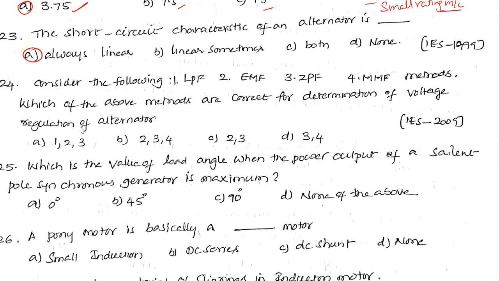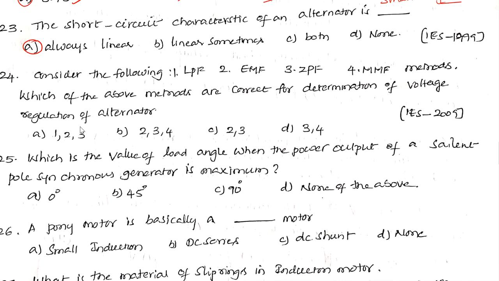Next one, consider the following: LPF, EMF, ZPF, MMF methods. If you studied synchronous machines, these are the voltage regulation methods. Which of the above methods are correct for determination of voltage regulation of an alternator? Okay, so LPF means low power factor?